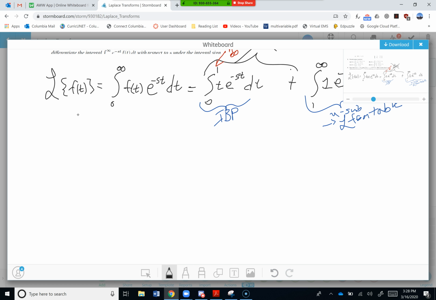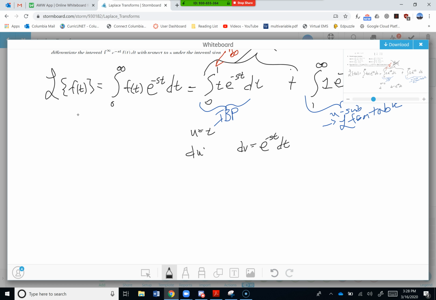All right. So first bit, integration by parts, you're going to let u be and dv be. So what's your u? What's the thing you're going to differentiate? T. Good. We're going to differentiate t. We're going to integrate e to the minus st then, because that's what we have to do.